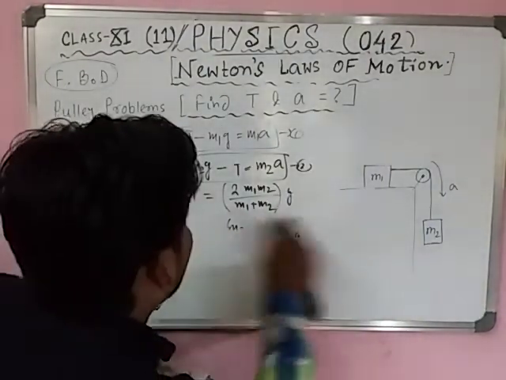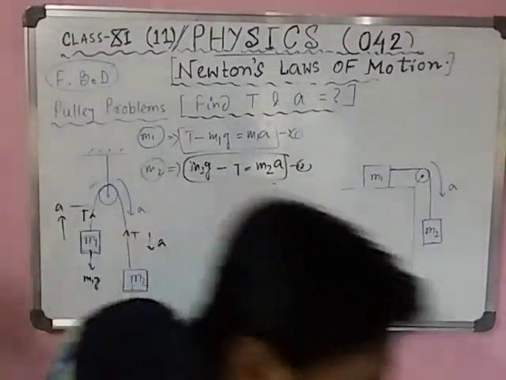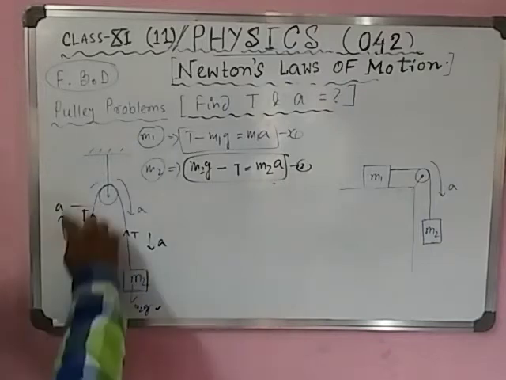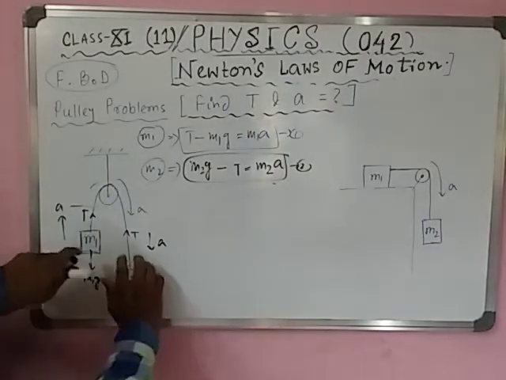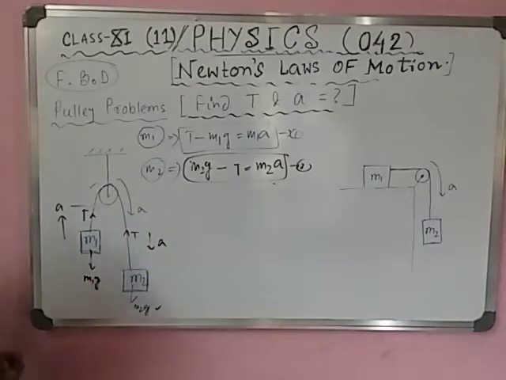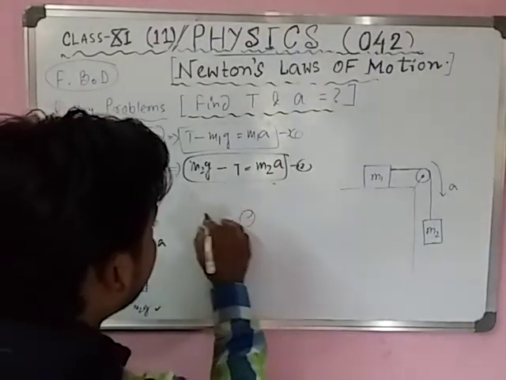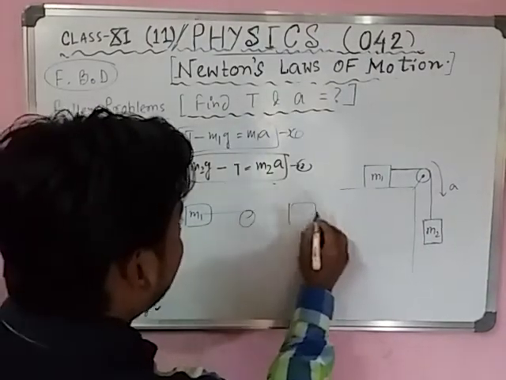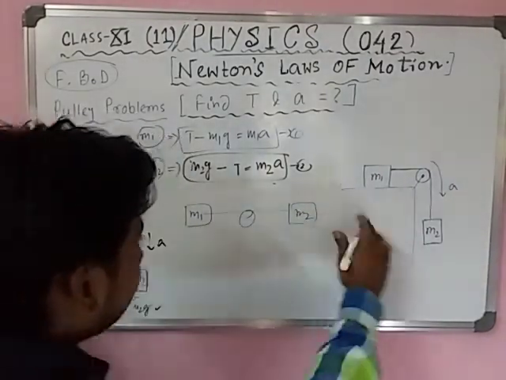Please pause the video and write it down. Okay. See students, think, this is a total system, and you just stretch it like this. So this is your pulley, and this is your m1, this is m2. I just open it like this.